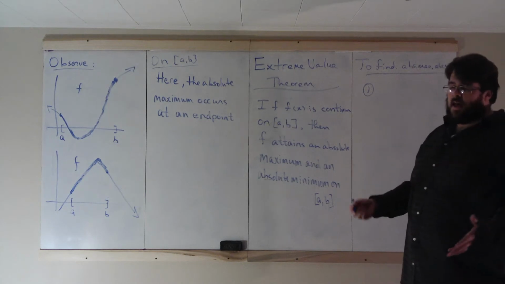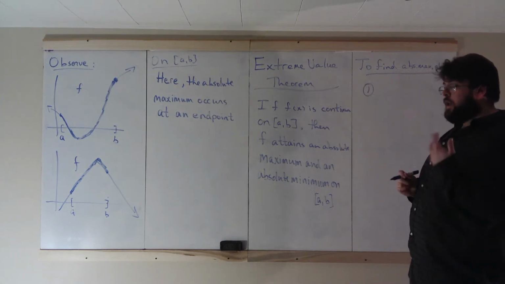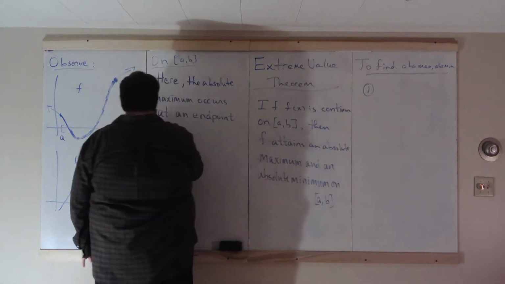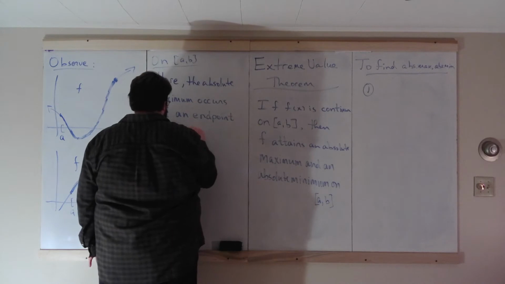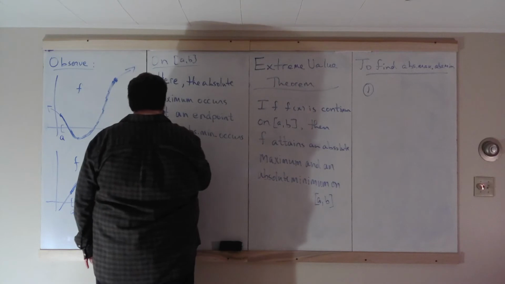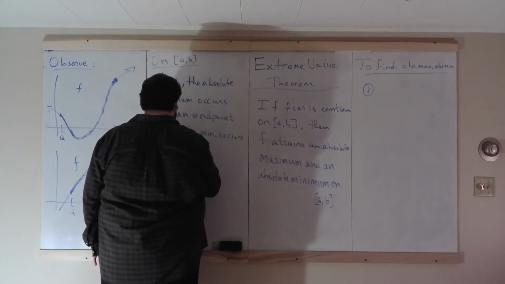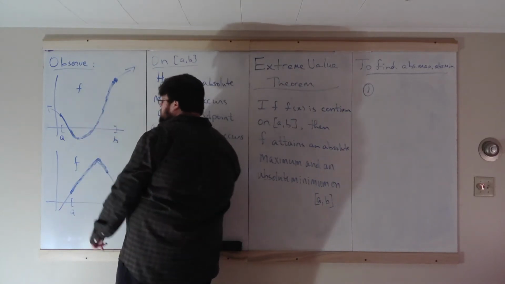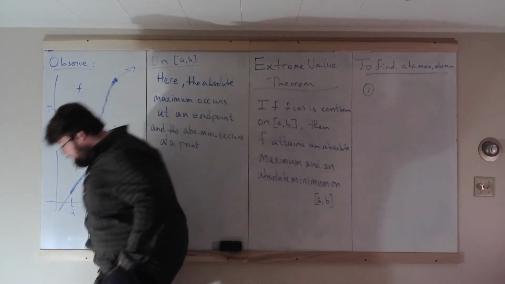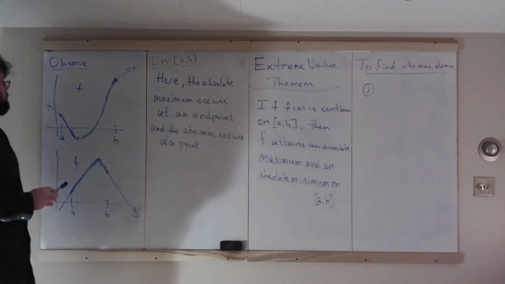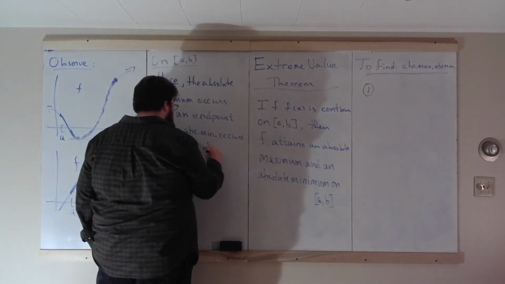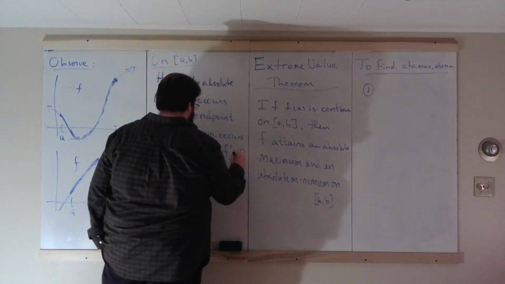For now I'm just saying it occurs at an endpoint. The absolute maximum occurs at an endpoint, and the absolute minimum occurs at a point. On this interval, the lowest it gets is down here, where the derivative is 0. So the absolute minimum occurs at a point where f prime equals 0.